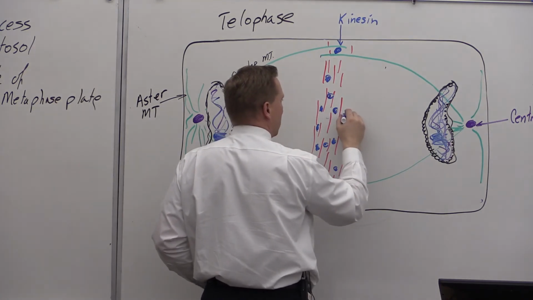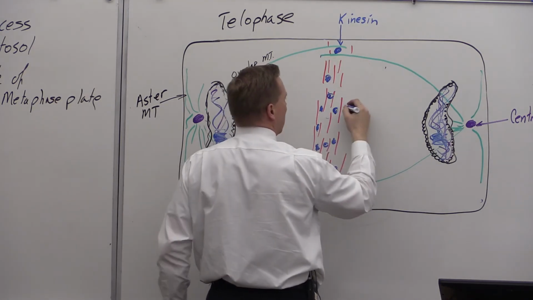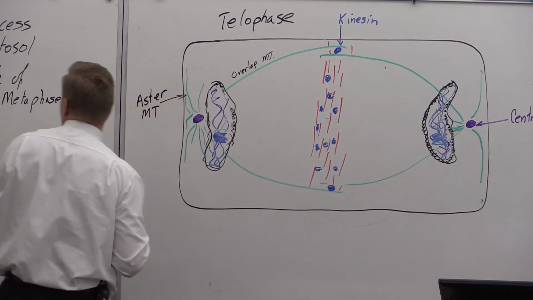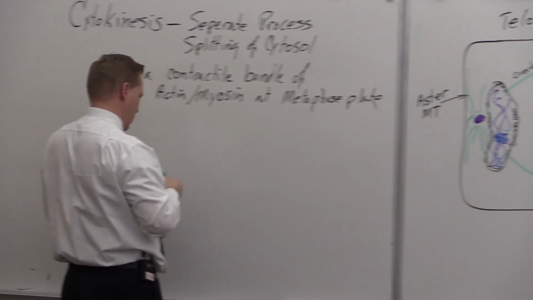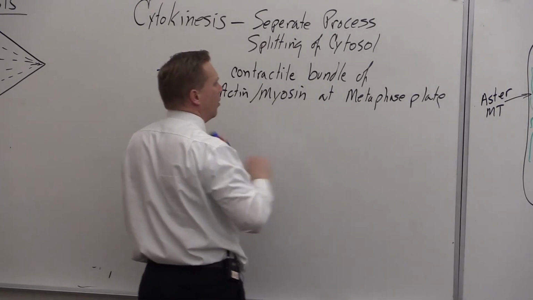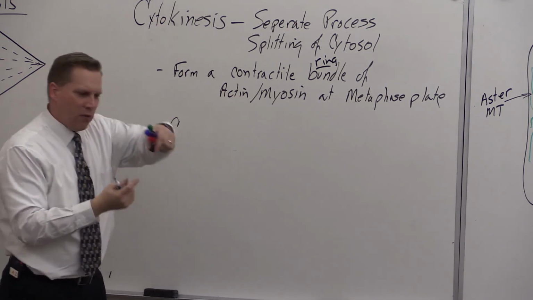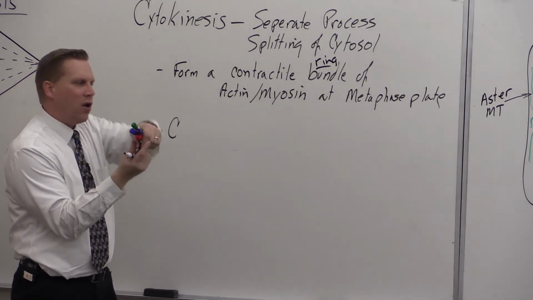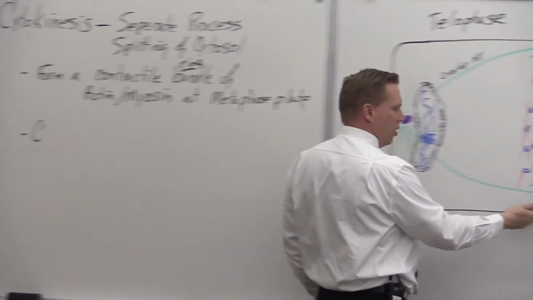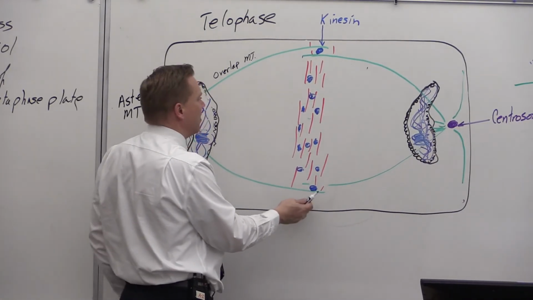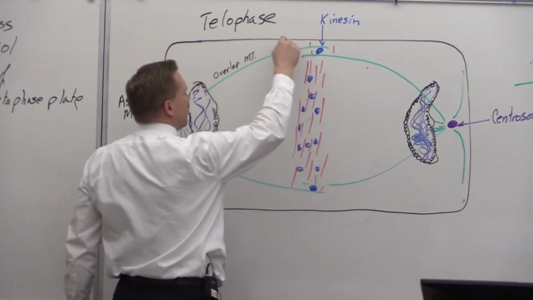The myosin starts to contract and move these together, and it forms this contraction, this ring. So we'll call it the contractile bundle. We also sometimes call it the contractile ring. That ring starts to pinch together. It's attached to the plasma membrane on the outside. There's proteins that attach it to the actin filaments.